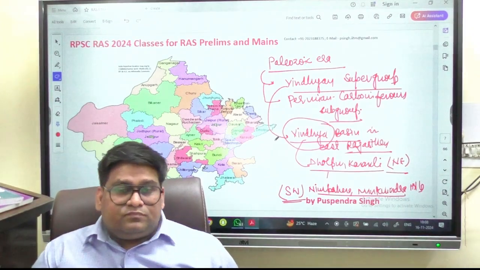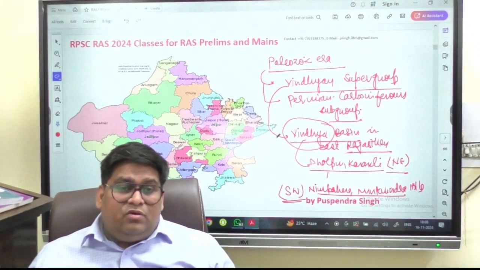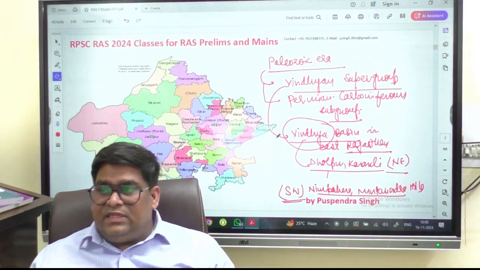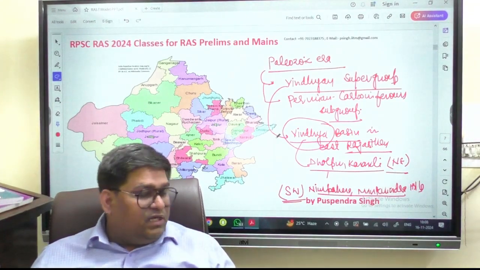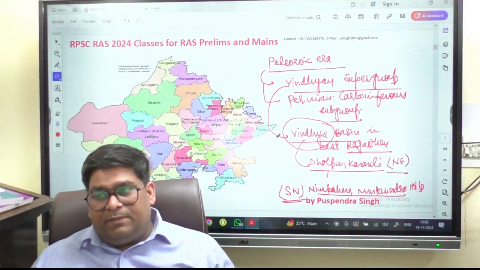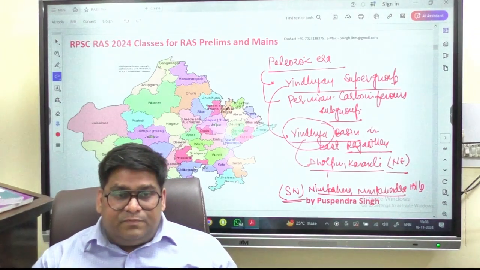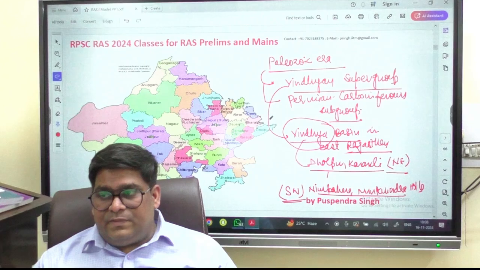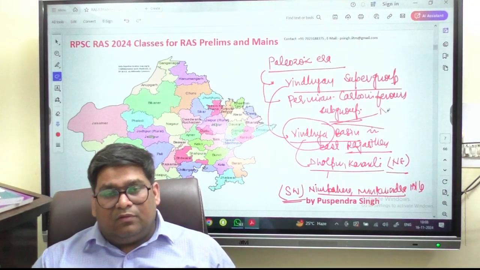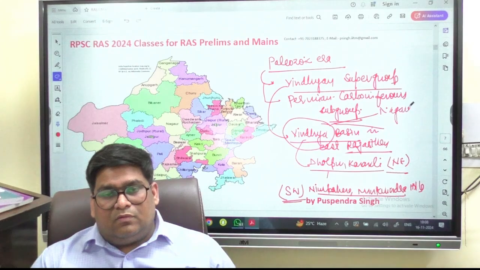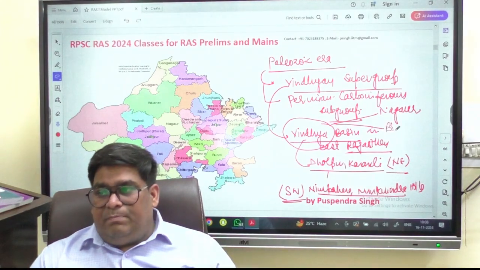Okay. The contemporary rocks of the Vindhyan subgroup in the western direction are covered in two different basins. One is your Nagaur basin and another is your Birmania basin.